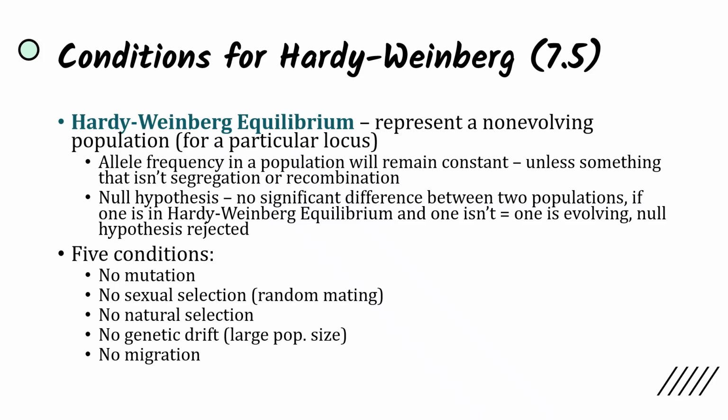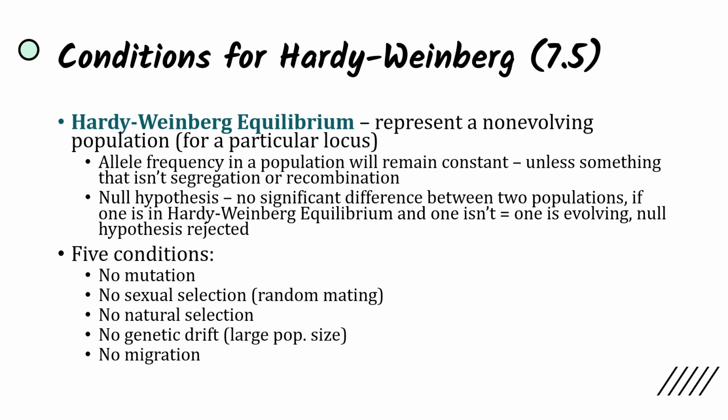And so the null hypothesis here is that the population is not evolving. If it doesn't fit Hardy-Weinberg equilibrium and rejects the null hypothesis, then that means that there is an evolving population. There is a difference between the expected allele frequency values that we can find through using the Hardy-Weinberg equation, and then reality, which could be different if the population is evolving.